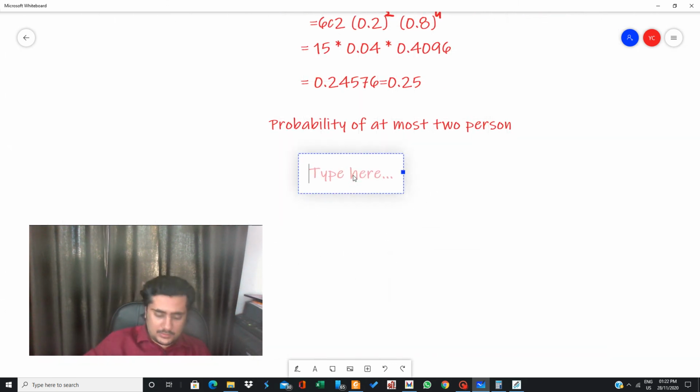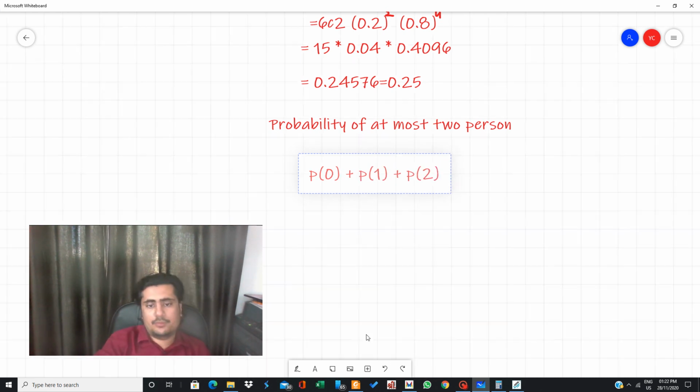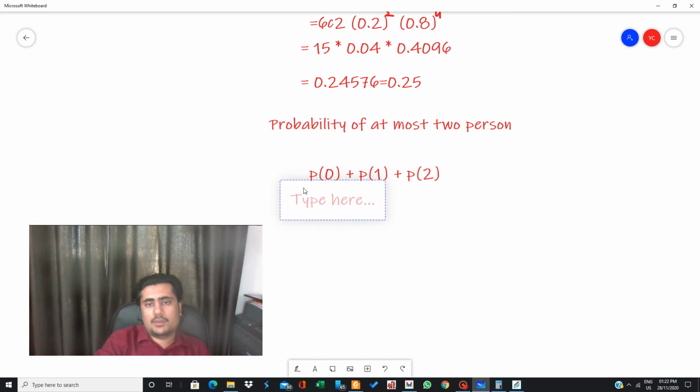This is P of 0, P of 1, P of 2. See, we solved everything.